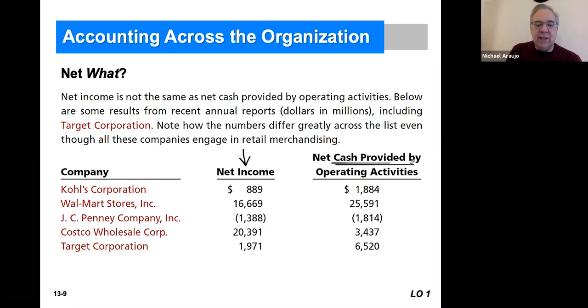There's differences. And that's because net income would subtract out depreciation expense, for example. But in reality, depreciation expense, you don't write a check for. So that cash never leaves the building, so to speak. It stays in your account.